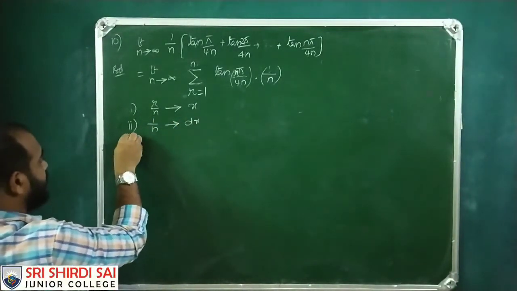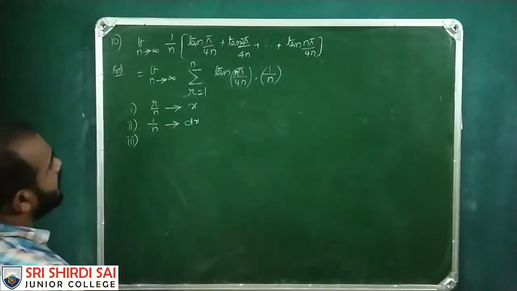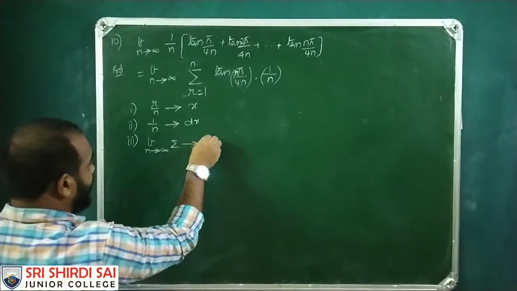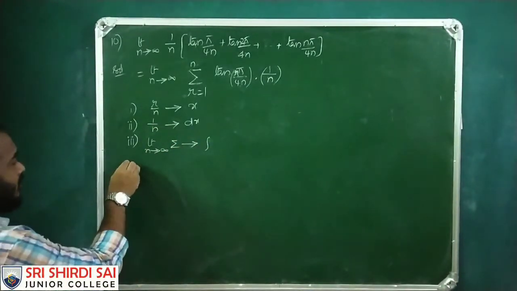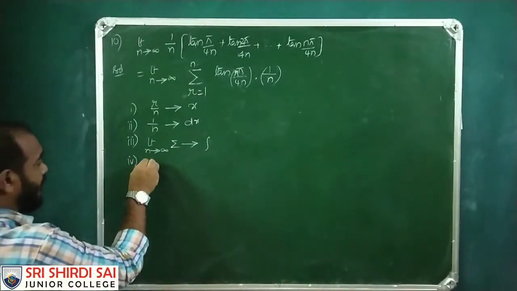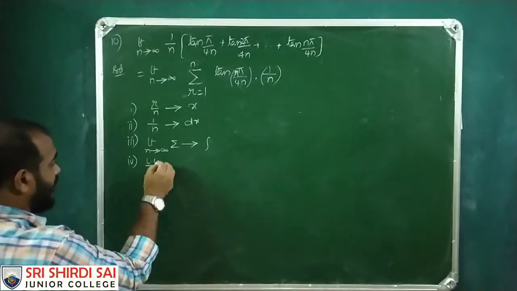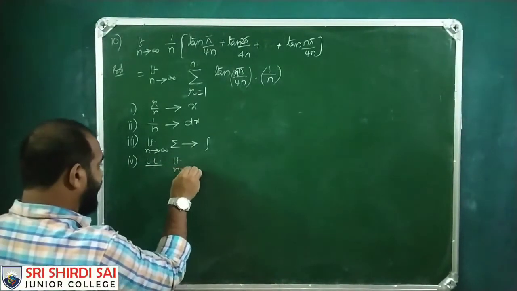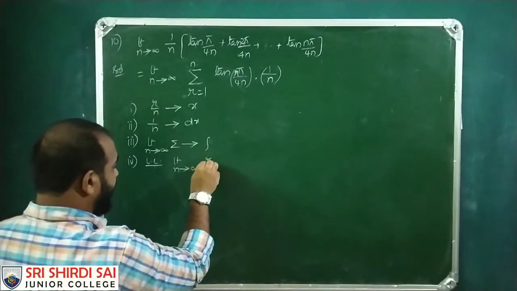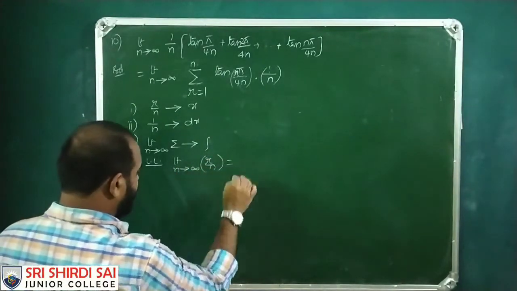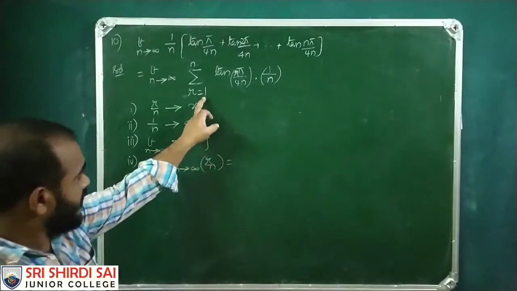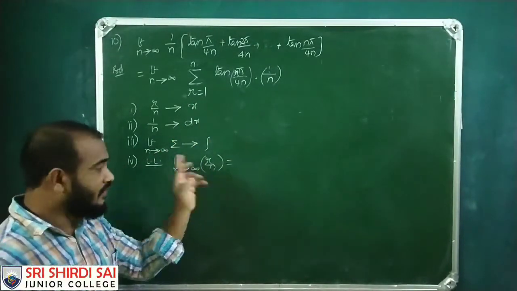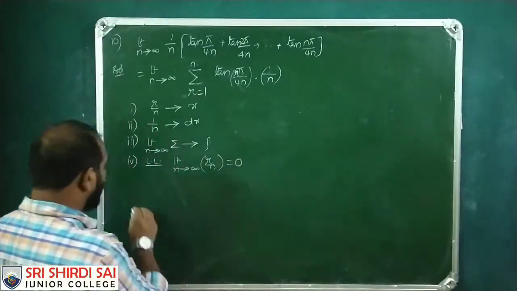Third one, limit n is to be replaced with integral, upper limit and lower limit. So lower limit is equals to limit n tends to infinity r by n. This is equals to r is 1. So limit n tends to infinity 1 by n is equals to 0.